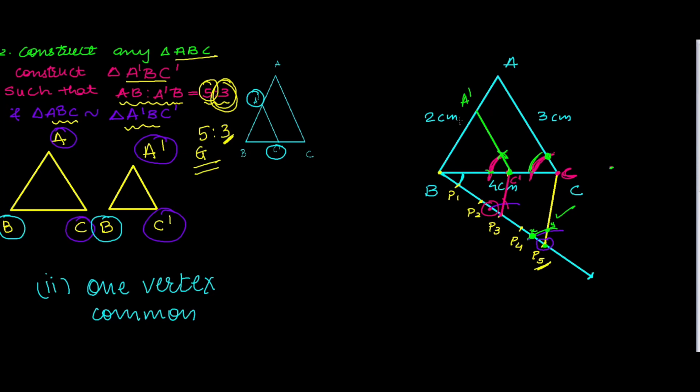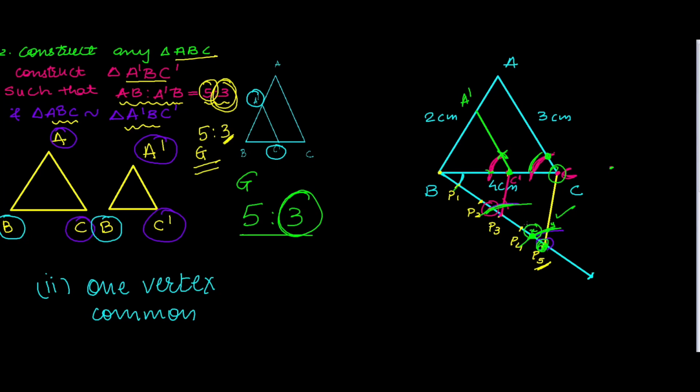To recap, we have just constructed triangle ABC, then we drew the acute angle, then we measured point 1, point 2, point 3, up to point 5, since the ratio given is 5:3. So we drew the greater number of points, and then we connected point 5 with C, and then, the angle made by point 5 and C, you just draw an arc. A similar arc we will draw on point 3 because this is the distance of the side of A'B. So a similar angle as we have drawn over here.